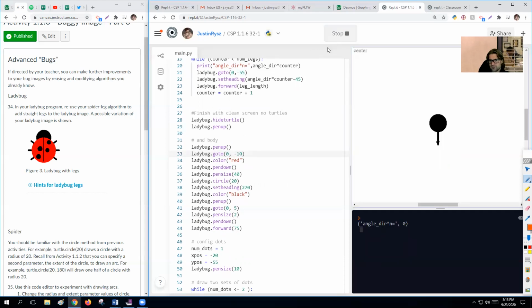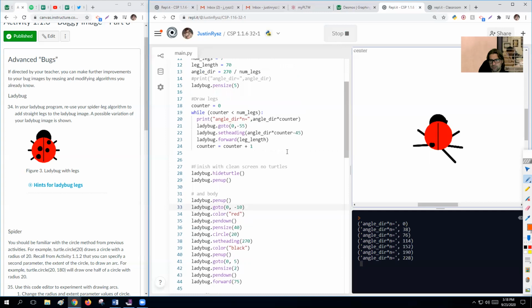I don't know why it's taking so long here. Better. We just got to turn this head a little bit more. So maybe not 45. Maybe let's try 20 degrees.